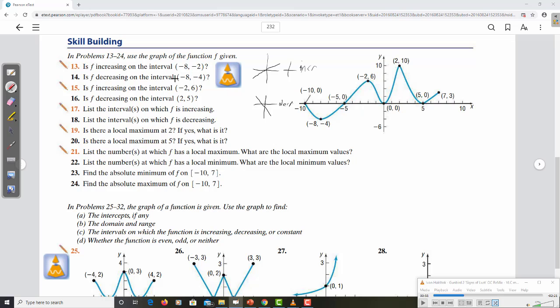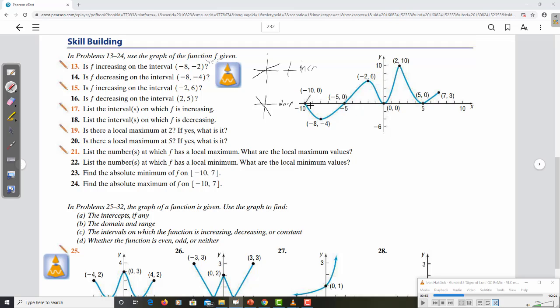So it first asks, is f increasing on the interval -8 to -2? Well, this is an interval of x. It's an interval of the domain. So if you start at -8, which is right here, and you go to -2, which is right here, and you look at what the function does, it is going up as we go left to right. So the answer to this one is yes.